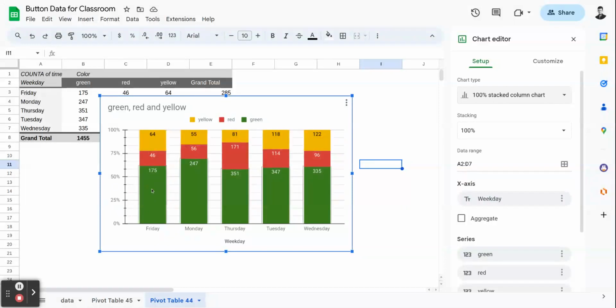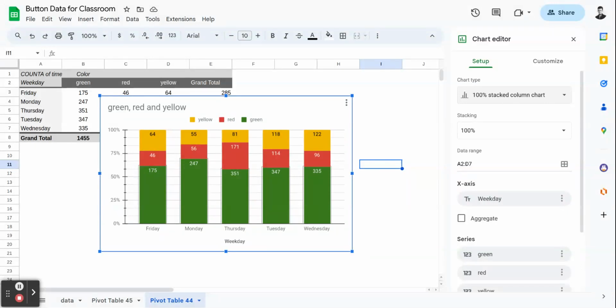And in this case, that relative percentage is largest on a Monday, right? So when we were looking at this before, Thursday is the largest number of clicks, but of all of the people that click on Monday, the highest percentage is green.